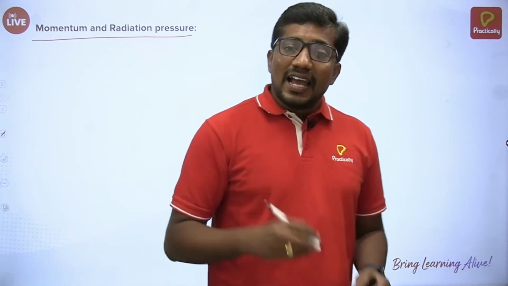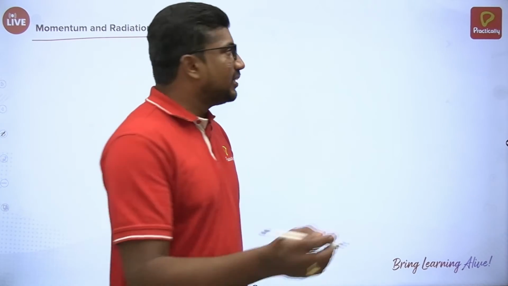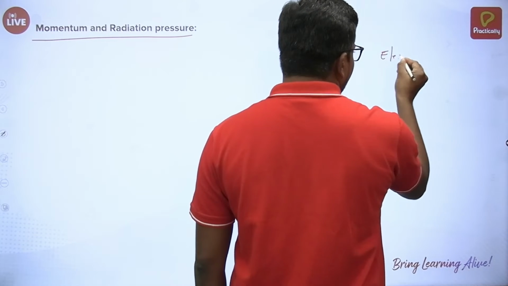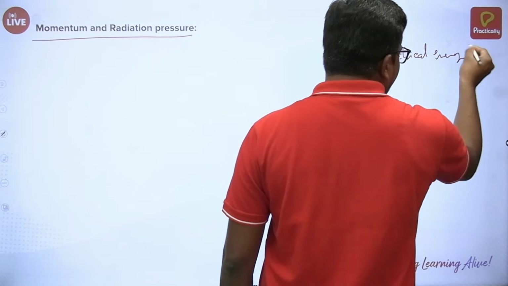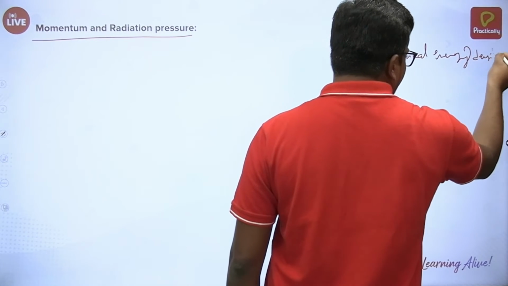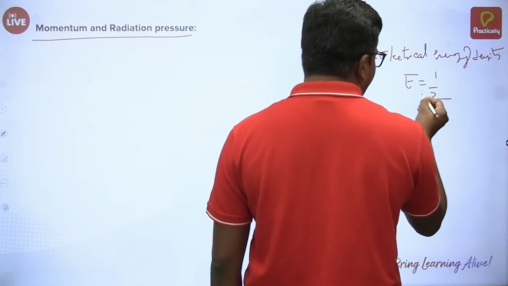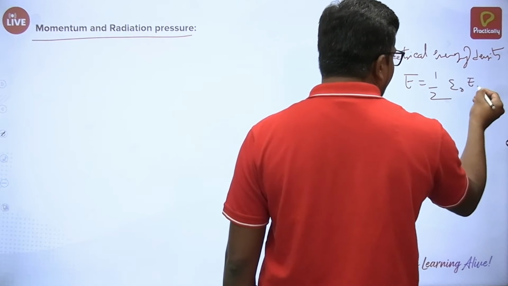Both energy densities will be present. That means electric energy density is present, magnetic energy density is present. What is electrical energy density? Electrical energy density, say u_E, is equal to half epsilon naught E naught square.